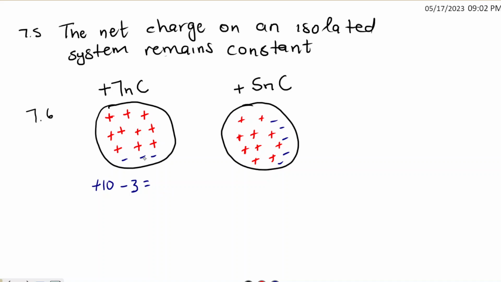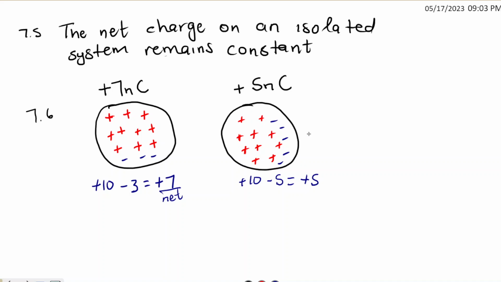So the net will be plus 7 particles, because if you take 3 out of 10, you're left with 7. For this other one, you have 10 positives and 5 negatives, so you remain with 5.